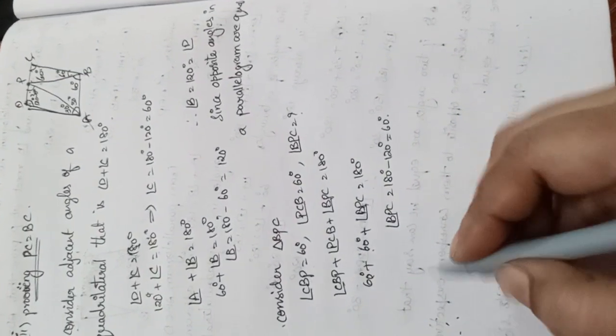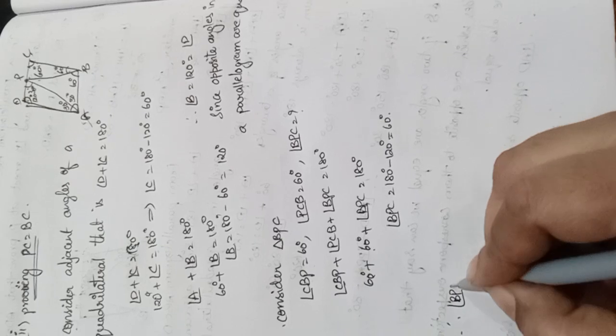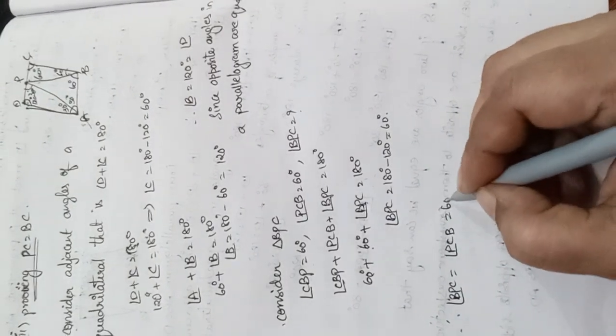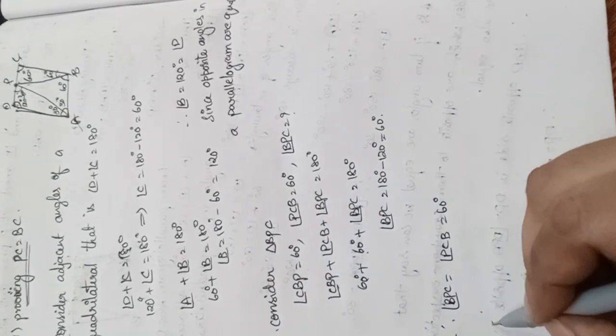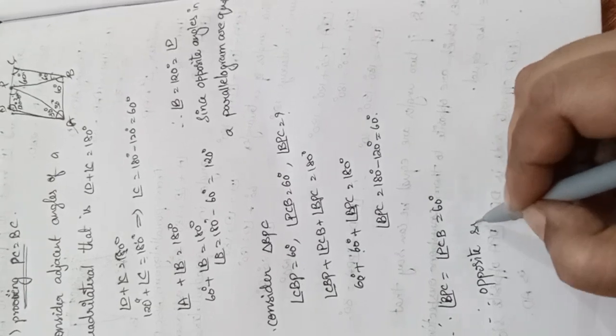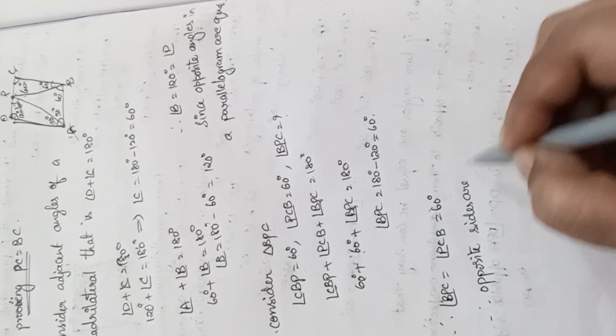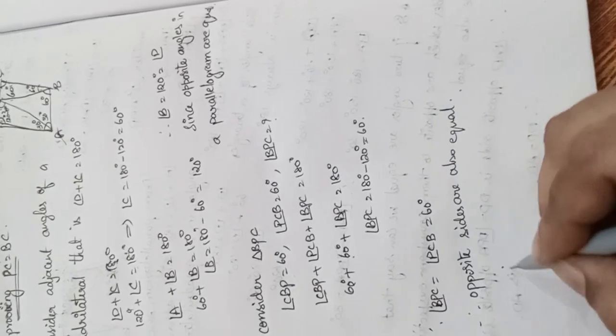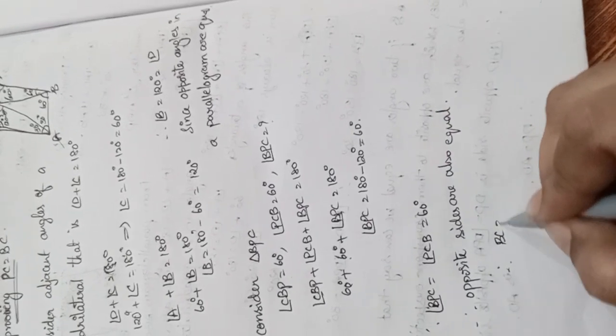Now, therefore, angle BPC equals angle PCB, which equals 60 degrees. Right? Therefore, opposite sides are also equal. Therefore, BC equals PC.